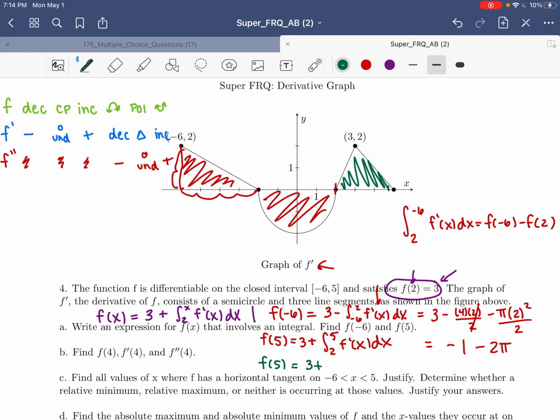So f of 5 is going to equal 3 plus, this triangle is 1, 2, 3 for its base. Its height is 2 divided by 2. So the 2's cancel out, and we end up just getting 6.